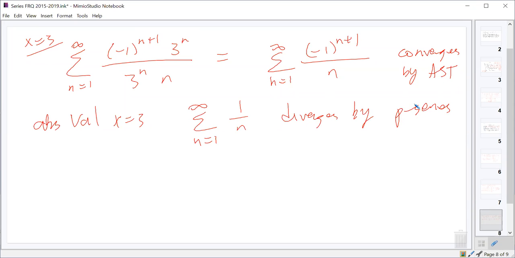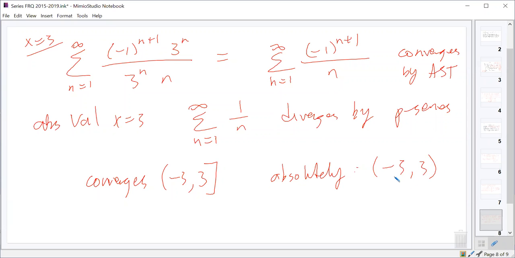And so our final answer should be that this converges on -3 to 3, inclusive on the 3. And I assume it's specified when does it converge absolutely. Converges absolutely on -3 to 3, non-inclusive, and conditionally only at 3.